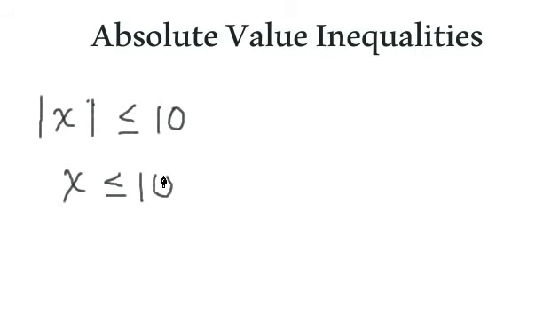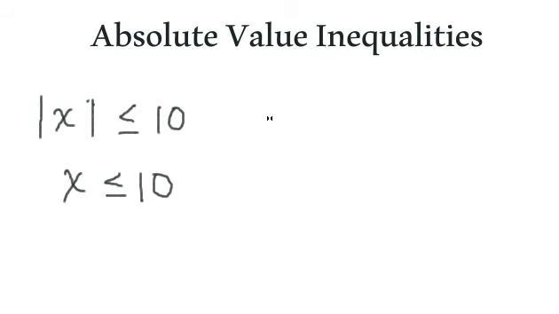Okay, here's a similar one. We have the absolute value of x is less than or equal to 10. So we rewrite what's inside the absolute value bars. Basically in the first part here, we're just dropping the absolute value bars and rewriting it. Now we notice that the inequality here, remember I said look at it as the head of an arrow, is pointing to the left.